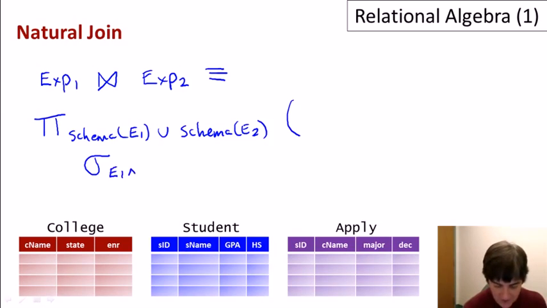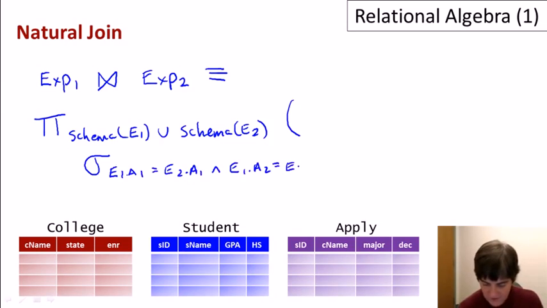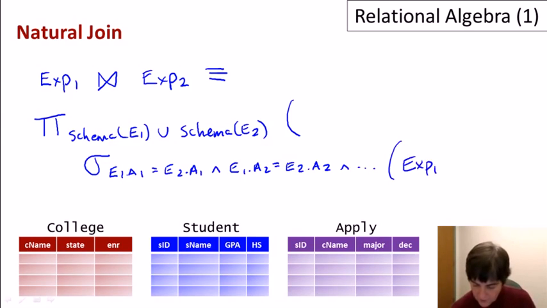So I'll just write E1.A1 equals E2.A1 and E1.A2 equals E2.A2. Now these are the cases where, again, the attributes have the same names, and so on. So we're setting all those equal, and that is applied over expression 1 cross product expression 2. So again, the natural join is not giving us additional expressive power, but it is very convenient notationally.